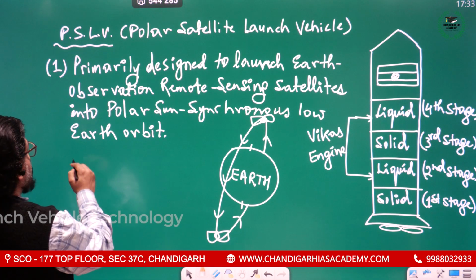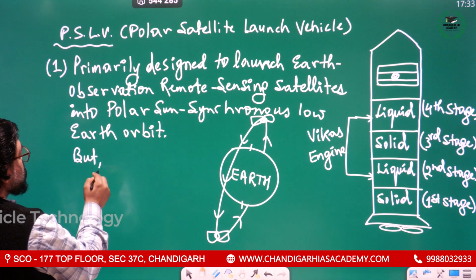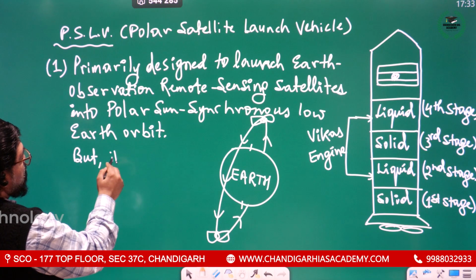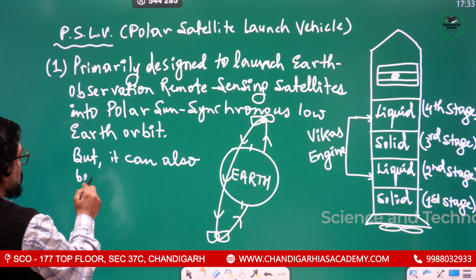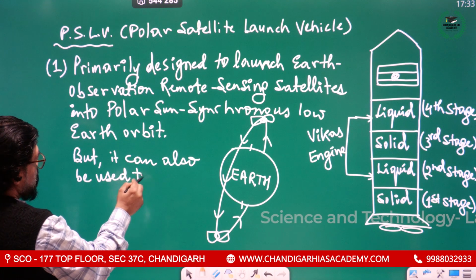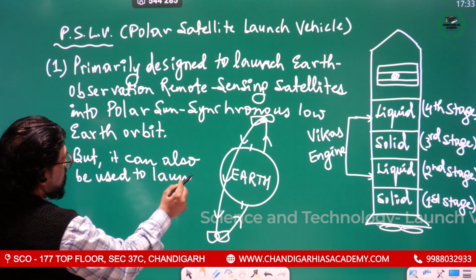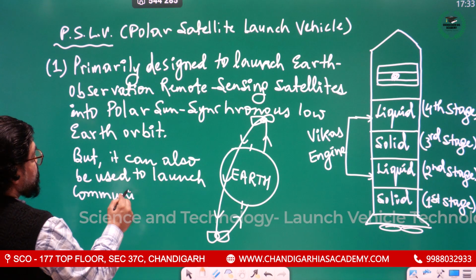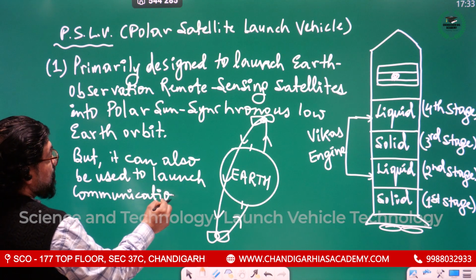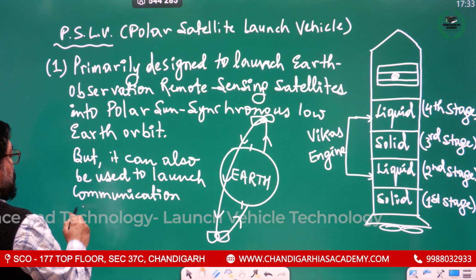It can also be used to launch a communication satellite, but there is a limitation of payload capacity.